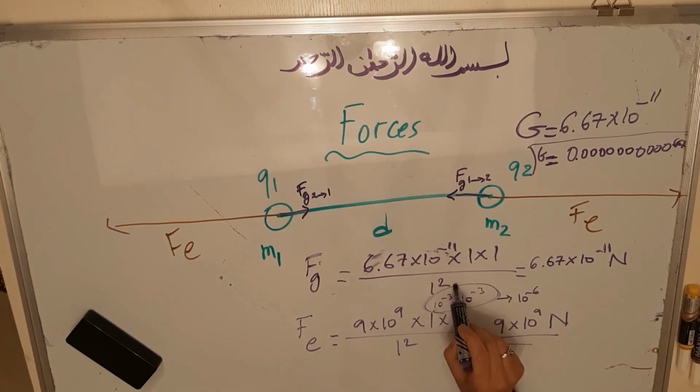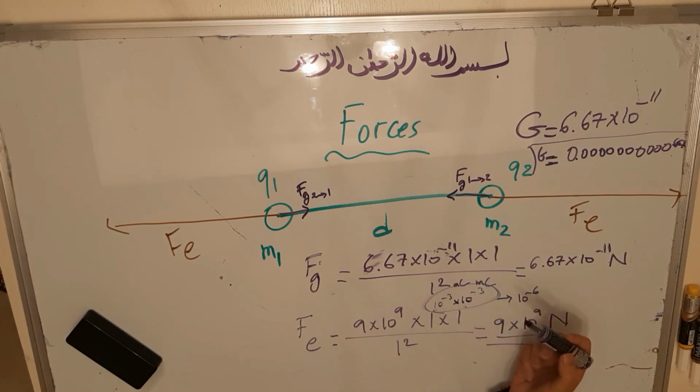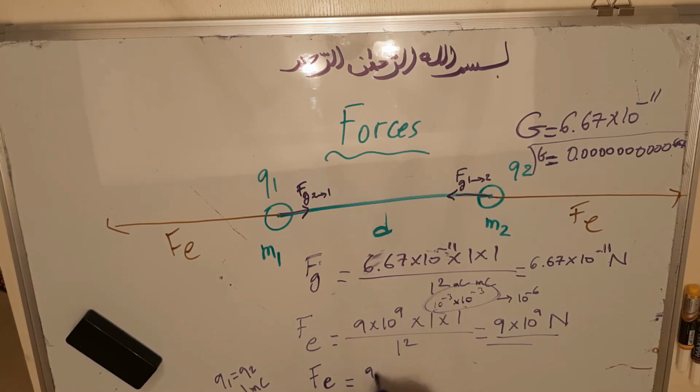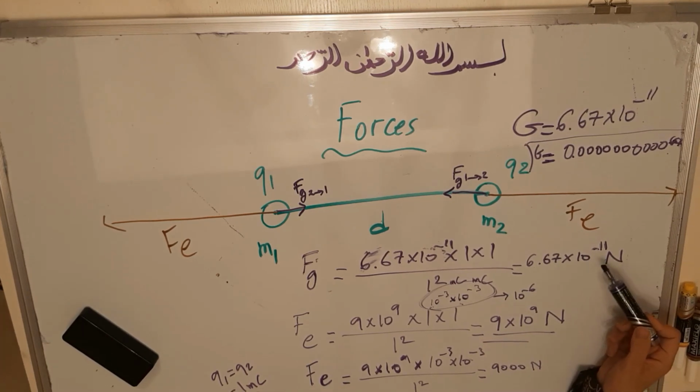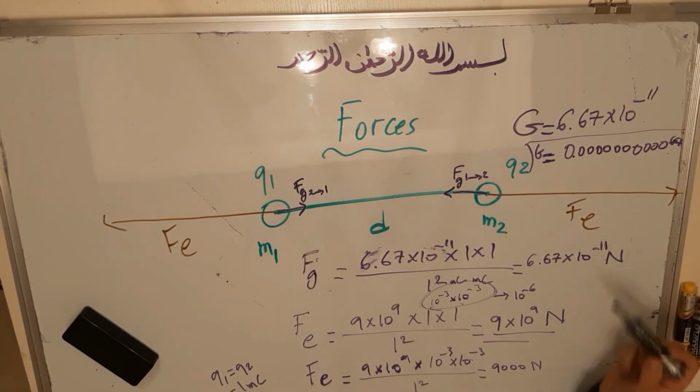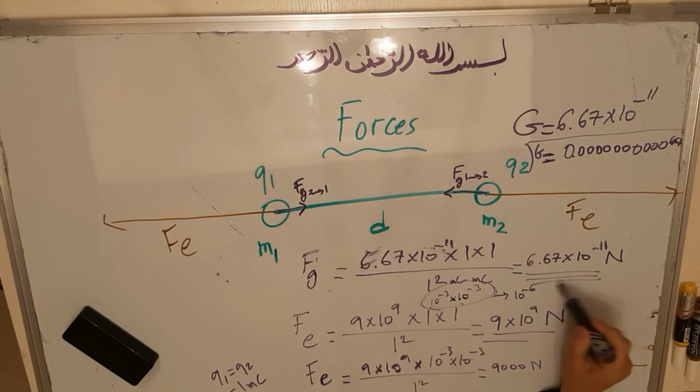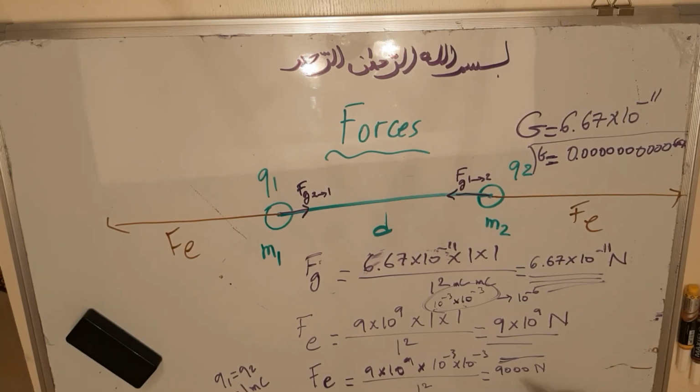So Fe in the case of the charges Q1 equals Q2 equals 1 millicoulomb: milli is 10 to the power negative 3, so 9 times 10 to the power of 9 times 10 to the negative 3 times 10 to the negative 3 divided by 1 squared. And this is going to give me 9,000 Newton. If you compare this to 6.67 times 10 to the power negative 11, you see how this is completely meaningless and negligible in front of the 9,000.